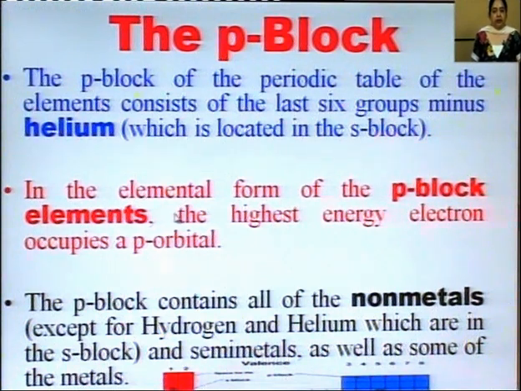In elemental form of P block elements, the highest energy electron occupies a P orbital. The P block contains all of the known metalloids as well as some of the metals.